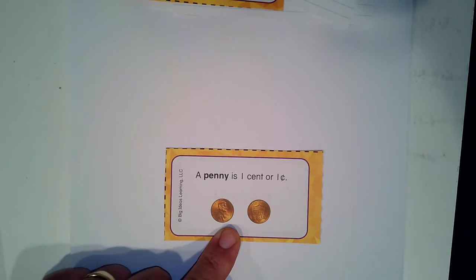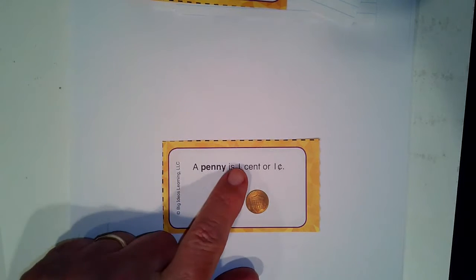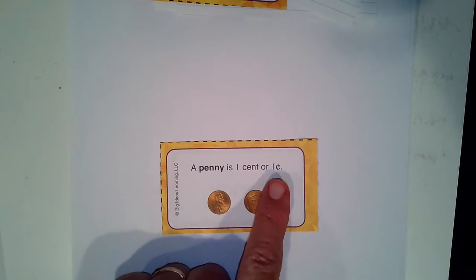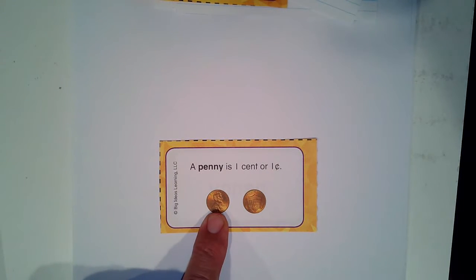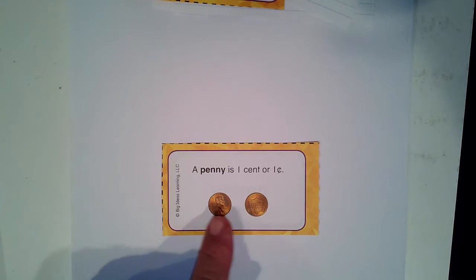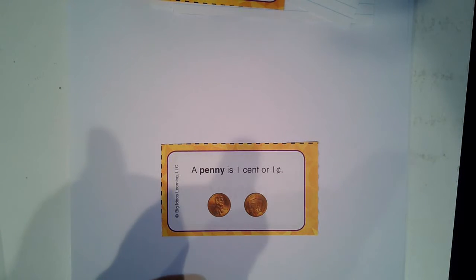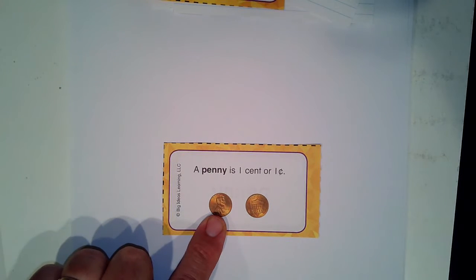All right. Now, when I show you this, that is a penny, and a penny is 1 cent, or that says 1 cent. Right here, this is the side that we call heads. This is the side we call tails, heads and tails. If you see people flipping coins, if it comes with the face on it, that's the heads.